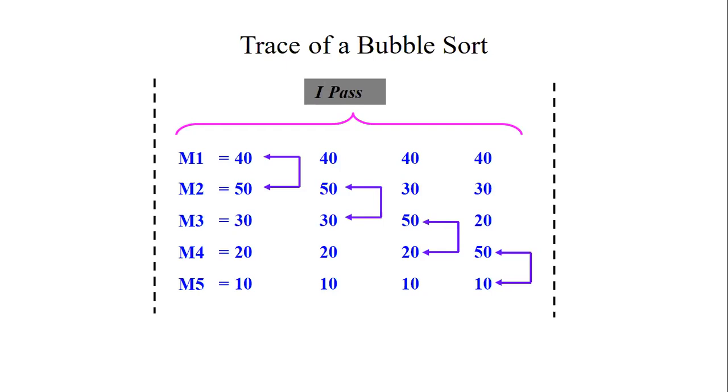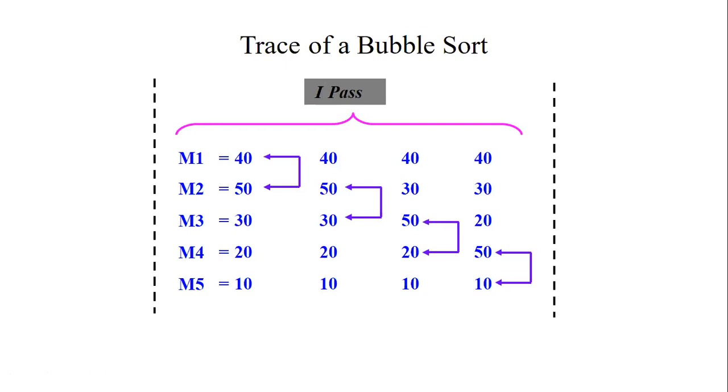If it is less than the second data, the data exchange will not be performed. Now let us illustrate this with the same example. Out of 40 and 50 at this initial stage, 40 is the smaller number and 50 is the larger number, so the data swapping will not occur.